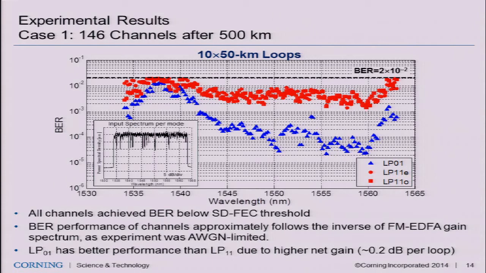Then we demonstrated 500 kilometer transmission, 500 kilometers the total length, and the limitation is the amplifier gain flatness, because we didn't have a gain flattening filter in the experiment.